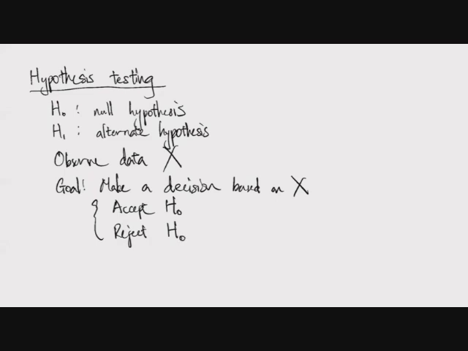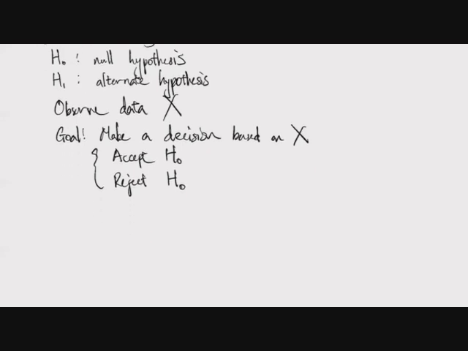All right, so this framework is asymmetric. It's asymmetric between the null hypothesis and the alternate hypothesis. The reason is the Neyman-Pearson paradigm that you saw in some of the previous videos. Essentially, we want to have overwhelming evidence that the null hypothesis is not tenable before we reject it.